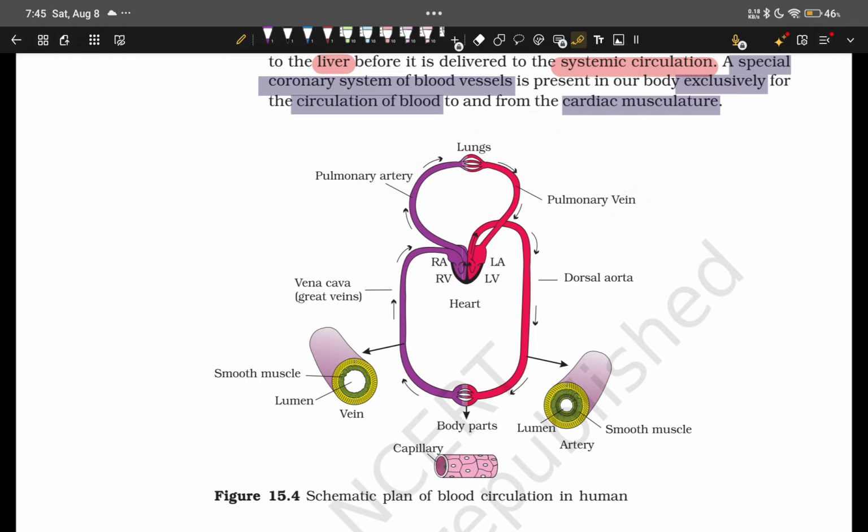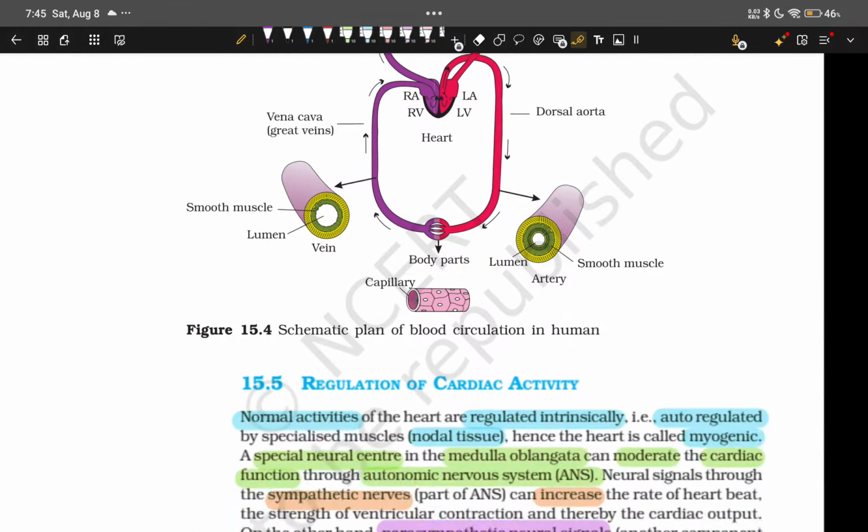So pulmonary vein gives blood to the left atria, and then right ventricle gives blood back to the lungs through pulmonary artery, and blood is collected from vena cava to right atria, and then left ventricle gives oxygenated blood back to the body parts again. So this is called systemic circulation.